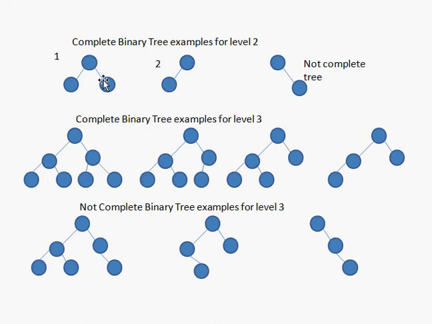Always delete the right child, not the left child of a particular node. That's the rule you need to follow, to ensure that after deleting the right child, the tree remains a complete binary tree. For example, if I remove this right child, this will be the structure, a complete binary tree with level 2.